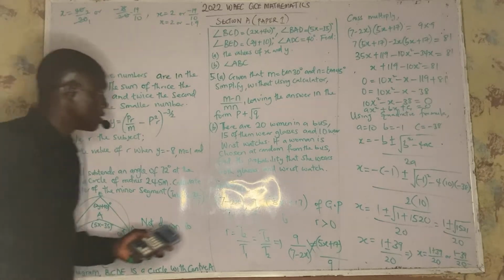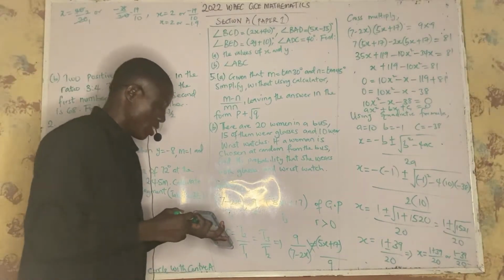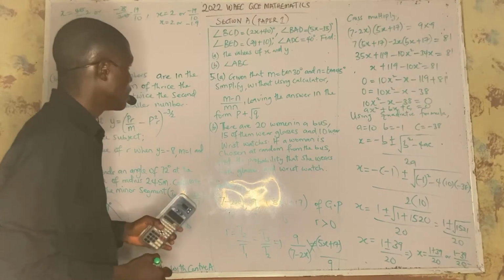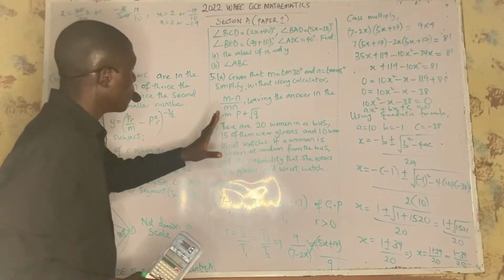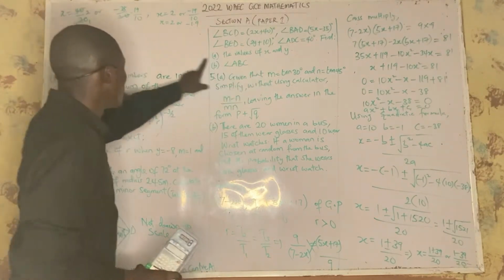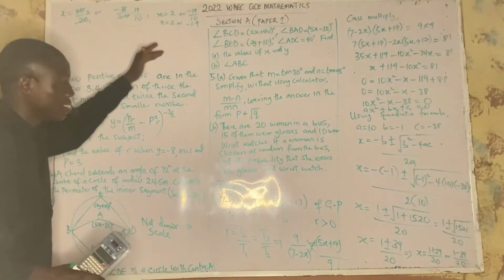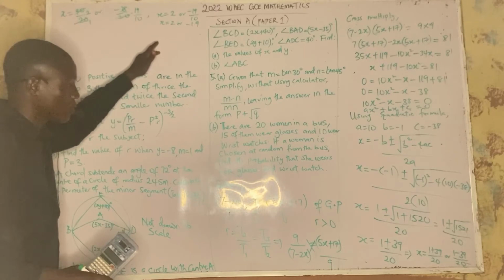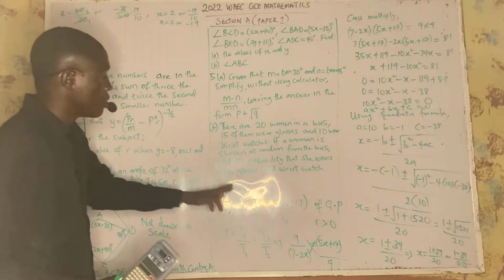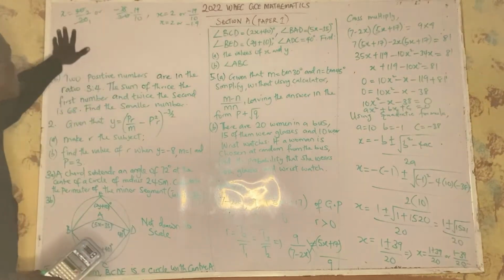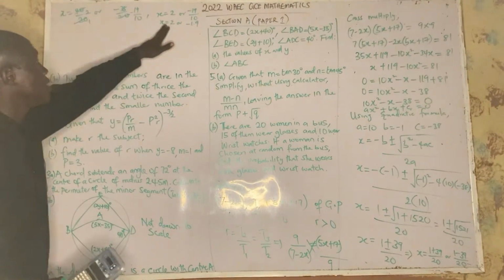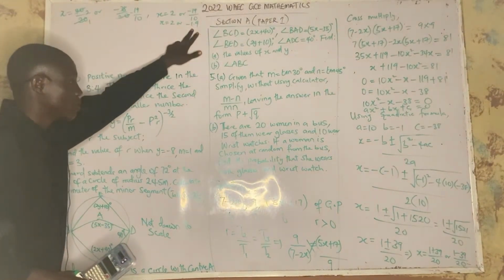Now let's quickly calculate our r, because we are told that our r must be greater than 0. Don't forget, our r must be greater than 0. Then we have to calculate the common ratio and find the value of x. Now, look at this. Our value of x here is 2 or minus 1.9.